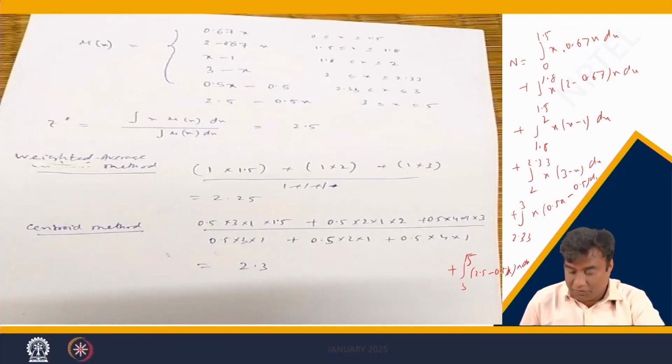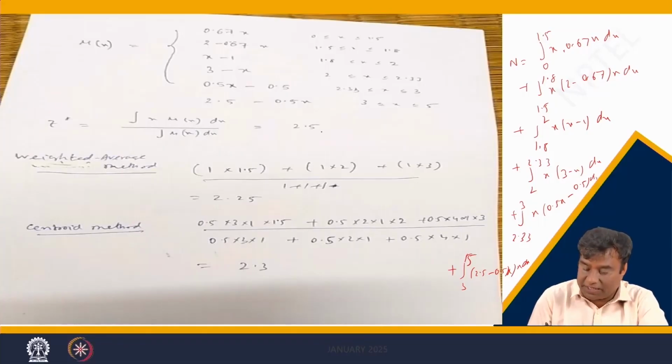So that is basically the numerator. Similarly, you will get the denominator. For this case, the answer is 2.5, the defuzzified value.